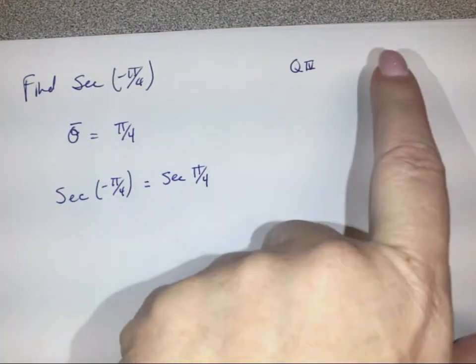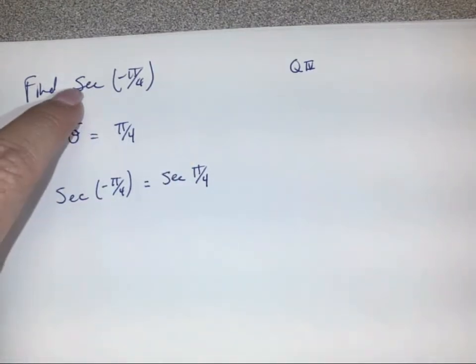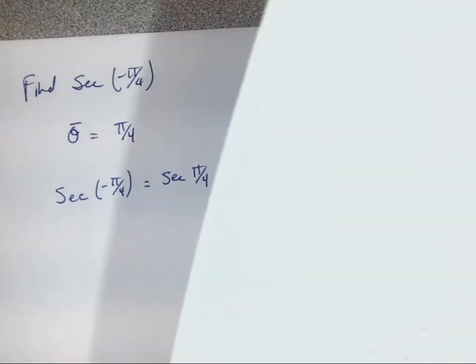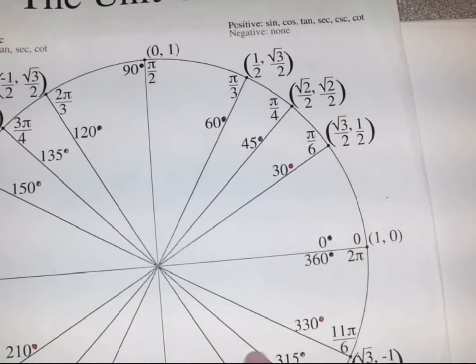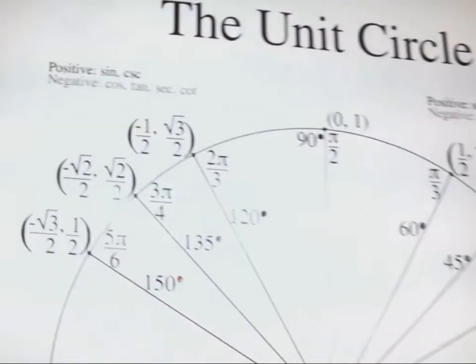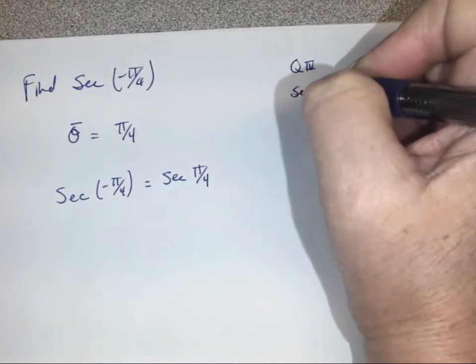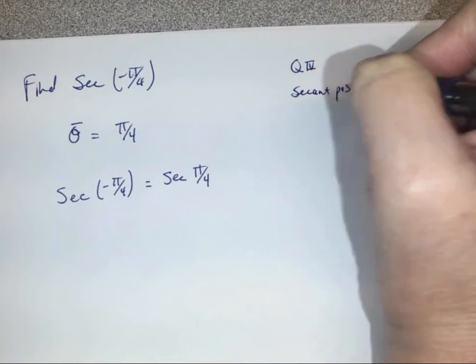Well, because we're in quadrant 4 and secant goes with cosine, it's an x value. And so even though we're in quadrant 4 or quadrant 1, the x values will be positive because we're on the positive side of the x axis there. And so we know that it's going to be a positive one. So secant is positive, just to clarify.